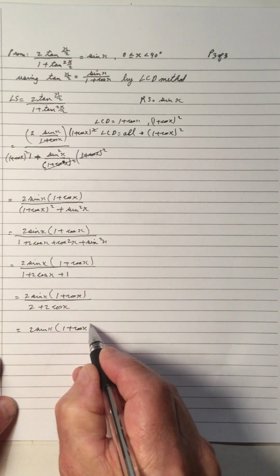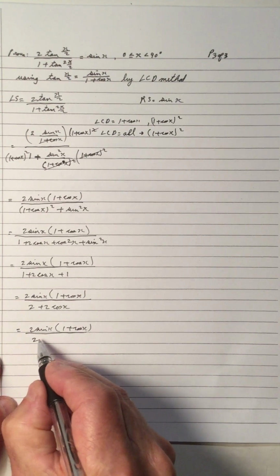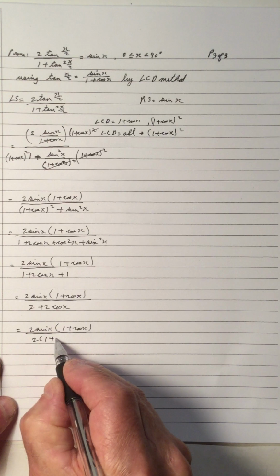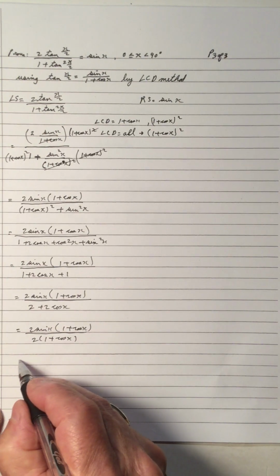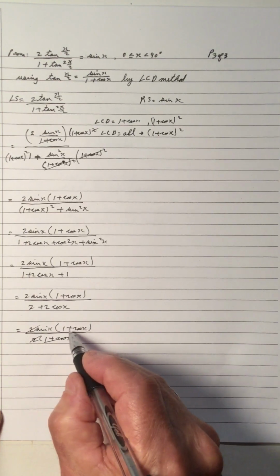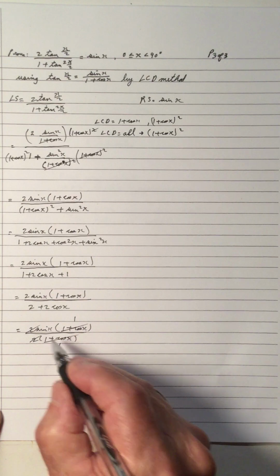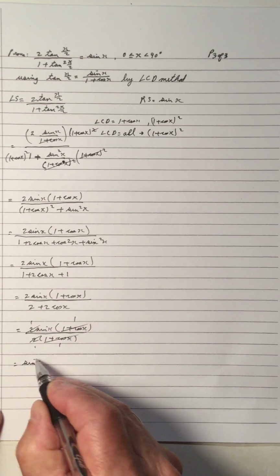Leave the numerator alone. And the 2 is a factor, so take the 2 out. I get 2 outside of 1 plus cos x. And when I have that, the 2's cancel. 1 plus cos x cancels. 1, 1, 1, 1. So that gives us sin x.